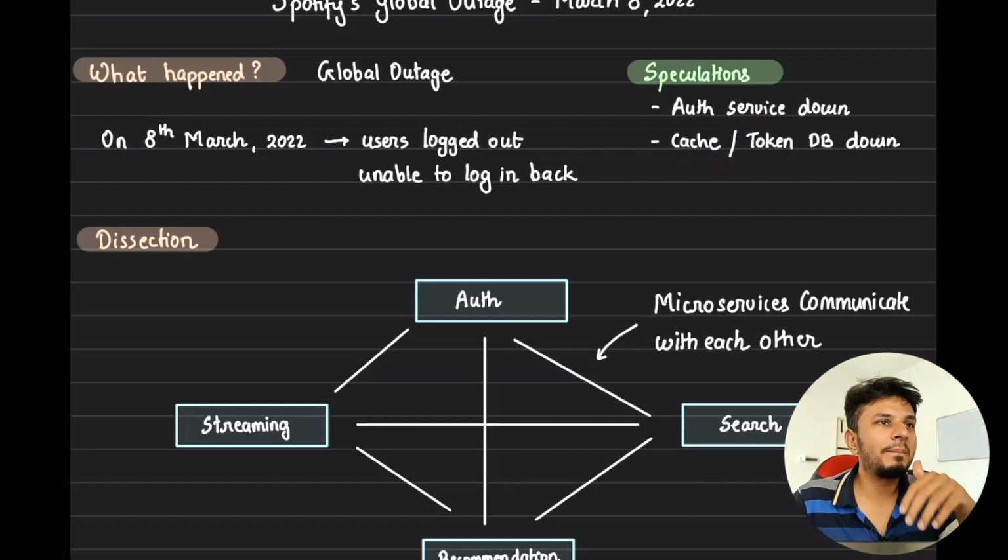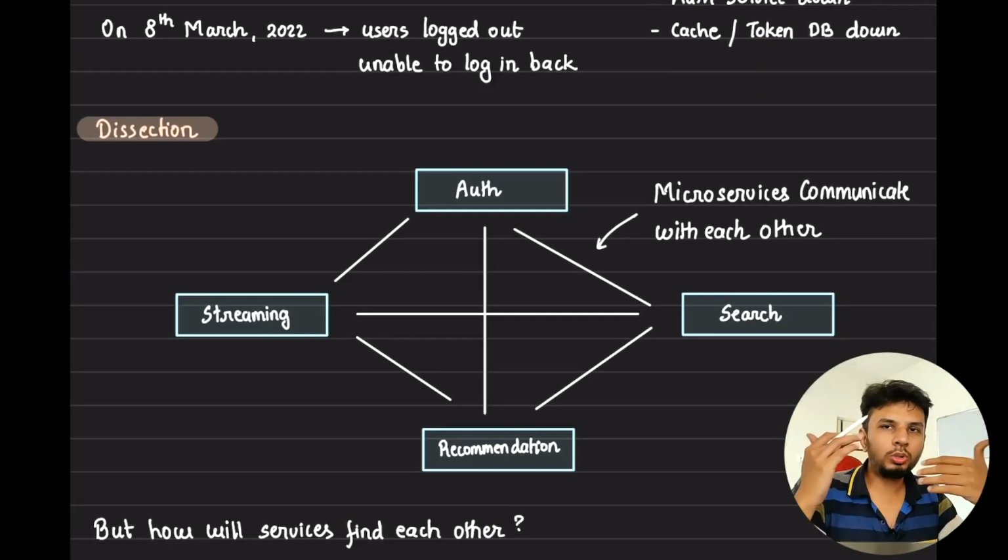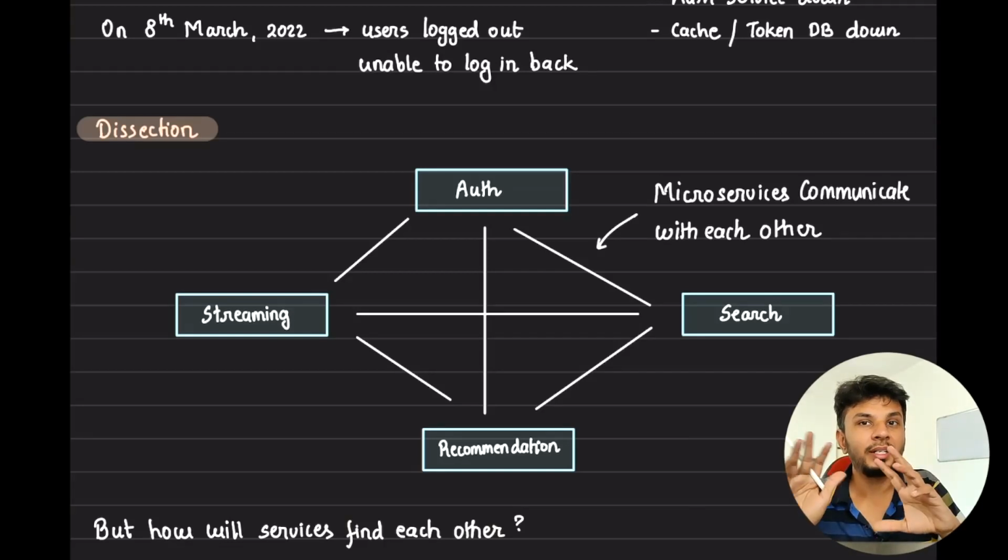Another possible reason could be that their cache store or maybe their authentication token store might be down, which could have led to that outage. But when we go through the dissection, we realize that no, it's not related to that, but rather it was an outage on the service discovery side.